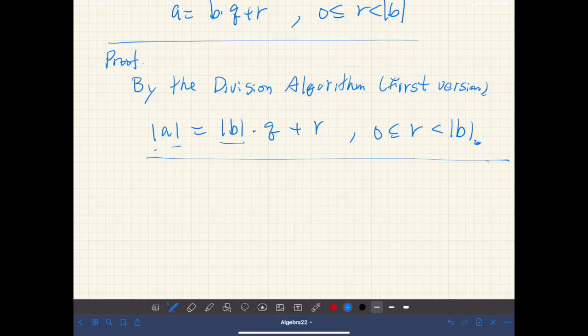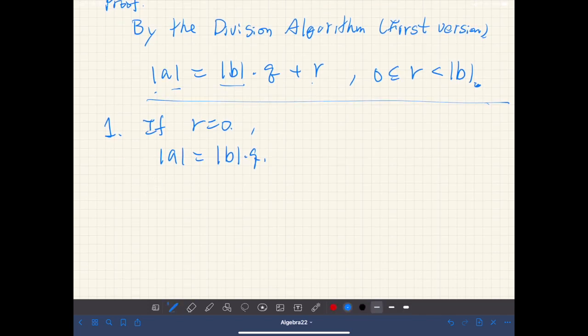Now, we consider several cases. First, if r is 0, then we have the modulus of a is equal to the modulus of b times q. So therefore, let's get rid of the moduli, and we have a is equal to plus minus b times q. To see this, first we get rid of this modulus first.